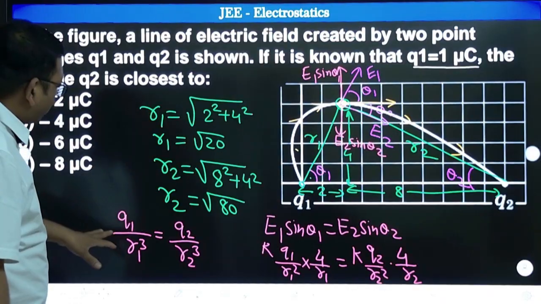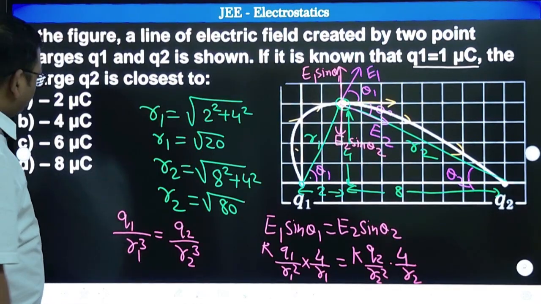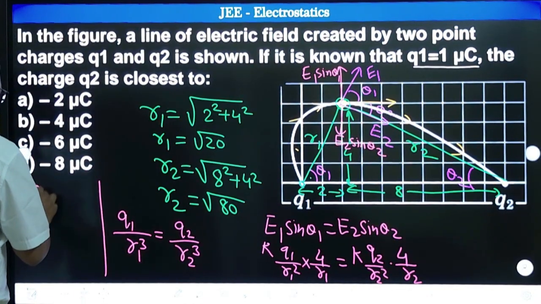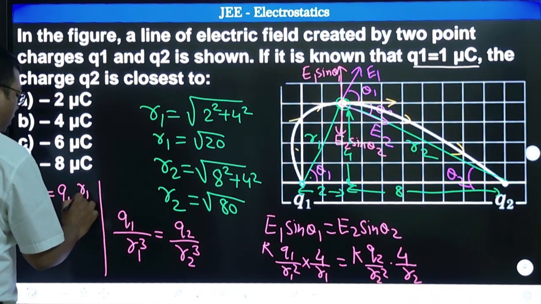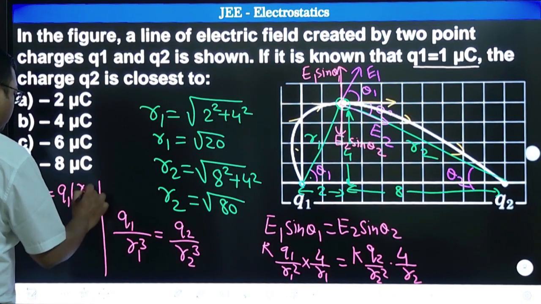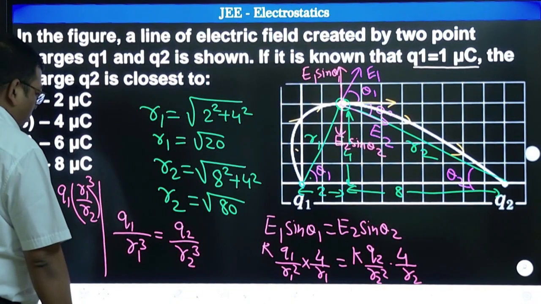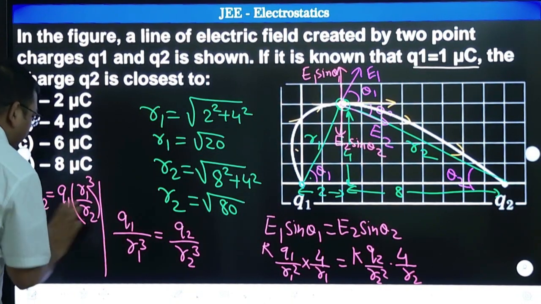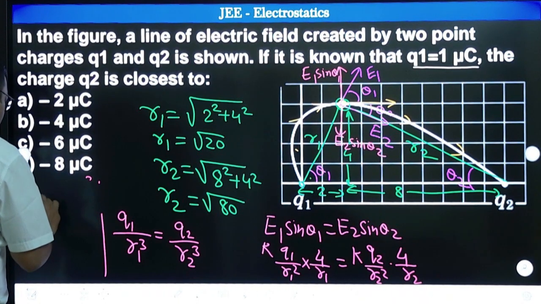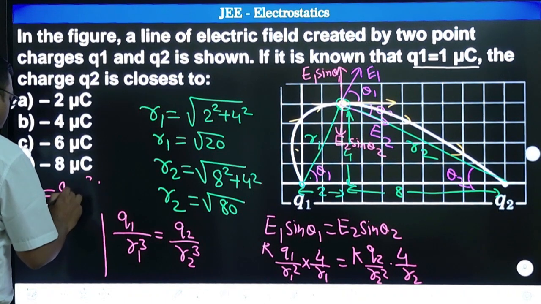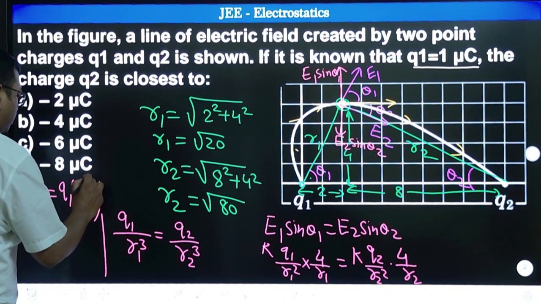We have already calculated r1 and r2, and we need to calculate q2. So q2 becomes q1 times r2 by r1 to the power 3.